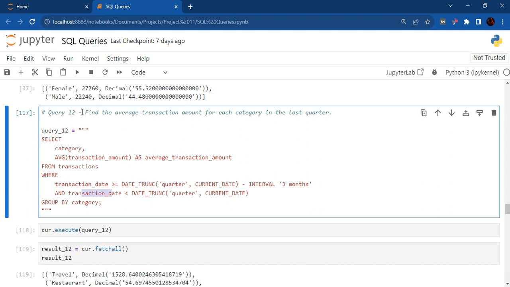It makes sense because we are finding the average transaction amount for each category in the last quarter. There's no way we can include tomorrow. It doesn't make any sense.